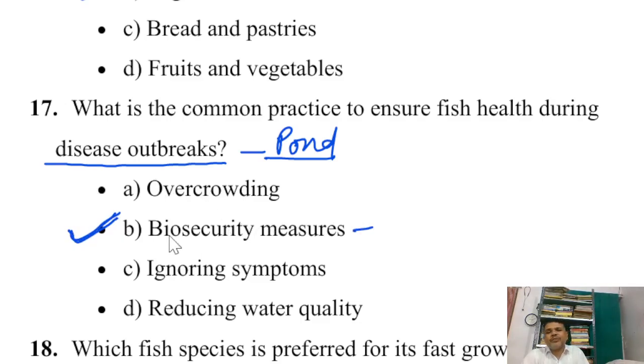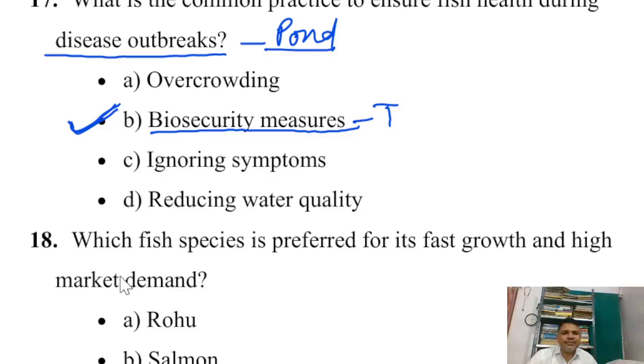If the disease outbreak takes place, then we have to treat the disease with appropriate medicine or chemicals. So the most correct option given in this question is the biosecurity measure. Overcrowding will further worsen the situation, and ignoring symptoms is not a way. Reducing water quality is also not good. So the most suitable option is the biosecurity measure.